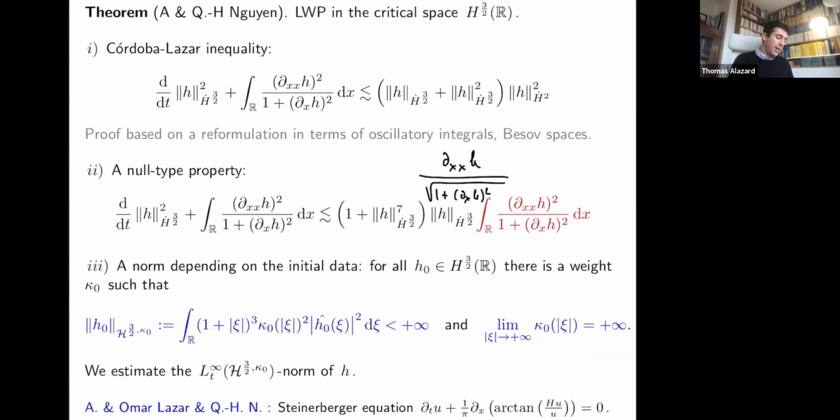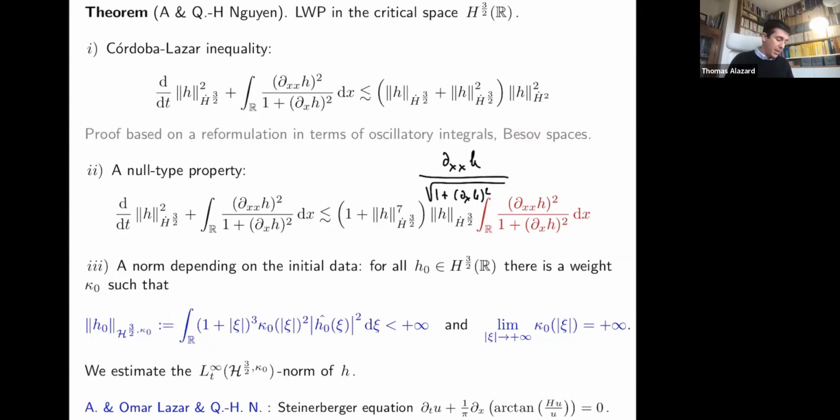And the point is that we are estimating this norm for the solution. And we can prove that the Cauchy problem is well posed in this space.